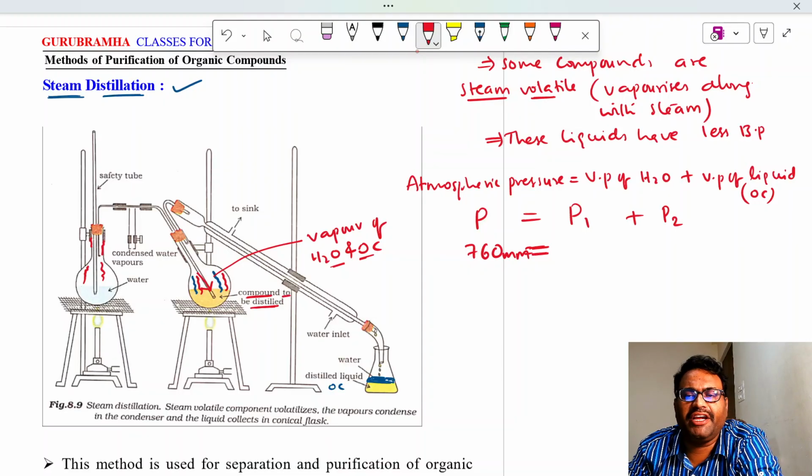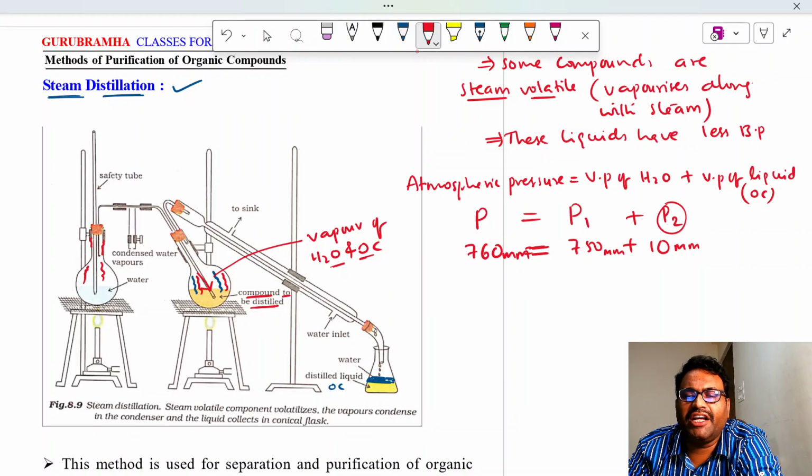So P1, the water vapor pressure, will be nearly 750, and this P2 will be approximately 10 mm.